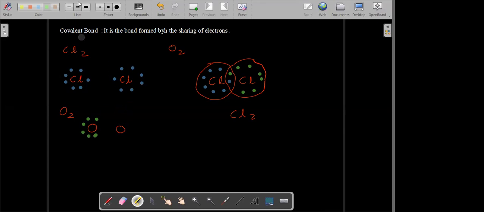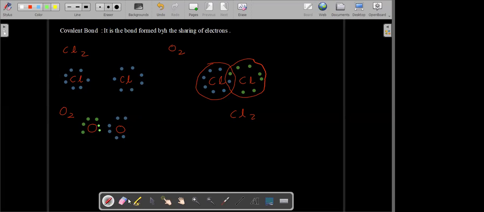If it shares 2 electrons, then only it will have 8. Both the oxygen atoms will be sharing 2 electrons each.